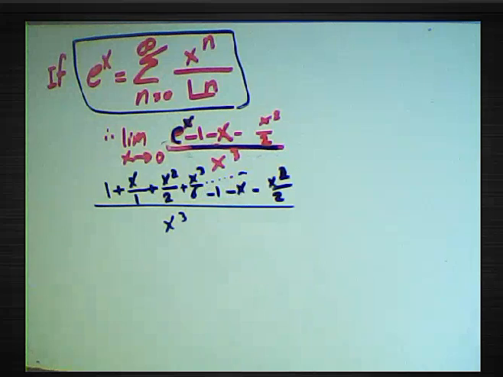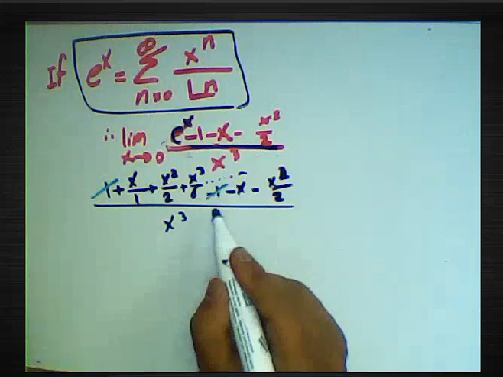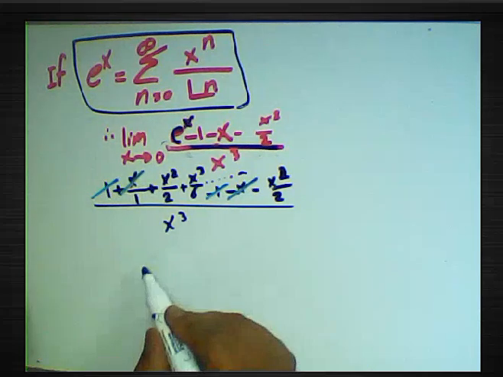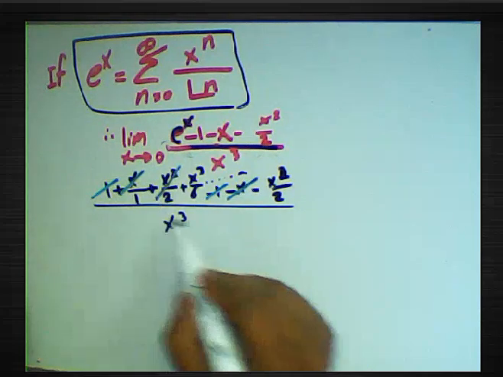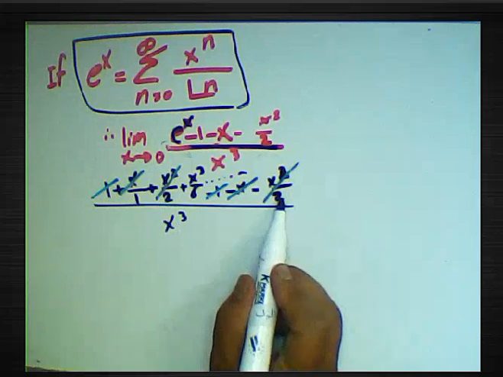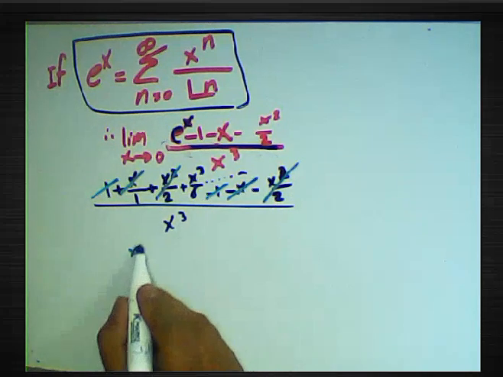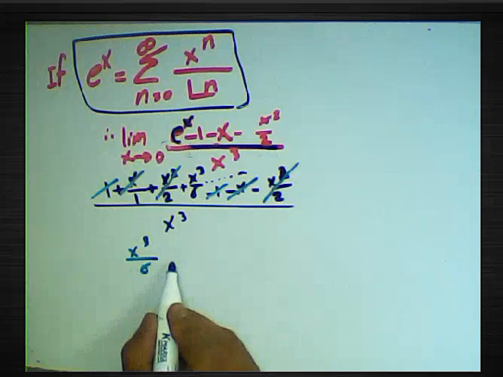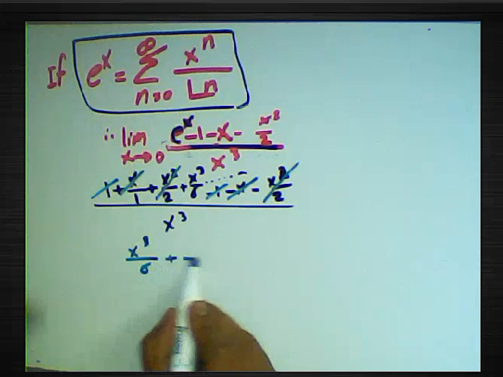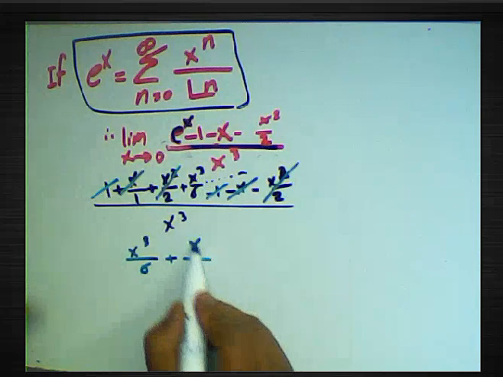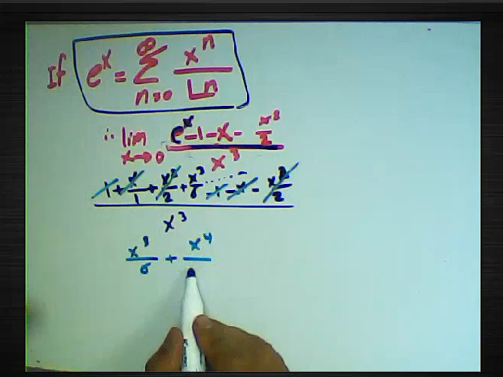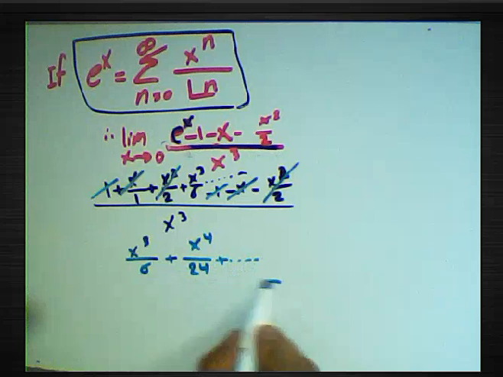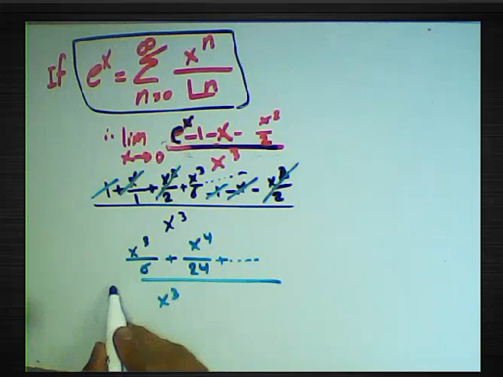This is the result for e to the power x. Then we can simplify it, canceling 1 with negative 1, x with negative x, and x squared over 2 with x squared over 2. Then the result here will be x cubed over 6 plus x to the power 4 over factorial 4, which is 24, and so on, all over x cubed, when the limit of x approaches 0.